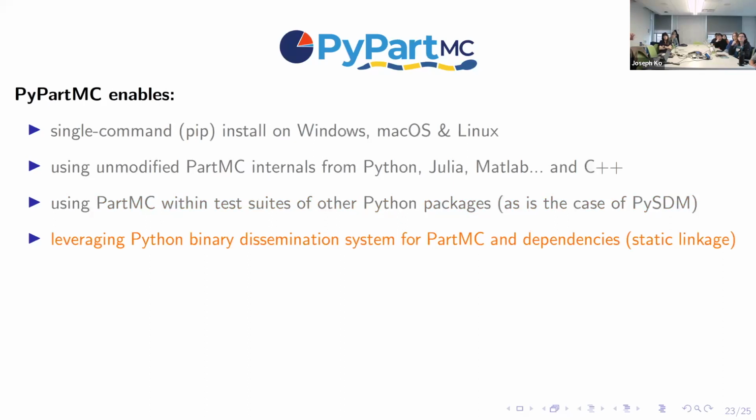Something that was a realization we had later on, and this is maybe worth highlighting, is that besides Python having its advantages as a language, a rich package ecosystem, etc., there is the packaging workflow through the pip command that handles dissemination of binary packages or source packages, compilation from source if a package is not available as a binary, and selecting the correct binary for different operating systems and hardware.